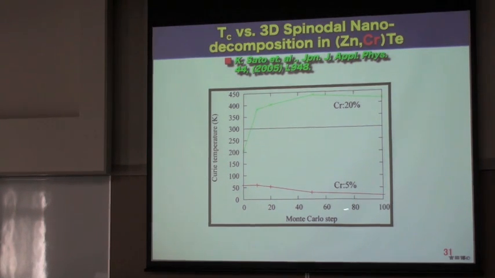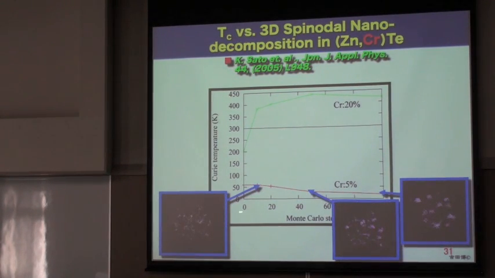If the concentration is very low, like 5% doping, in this case you can see this is Monte Carlo step versus TC. You can gradually see small clustering. Inside the cluster, you have a very strong ferromagnetic coupling, but because of the short-range exchange interaction due to the double exchange, this cluster and this cluster cannot talk to each other. So TC gradually decreases.